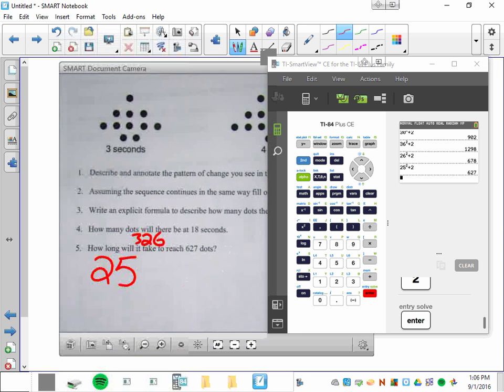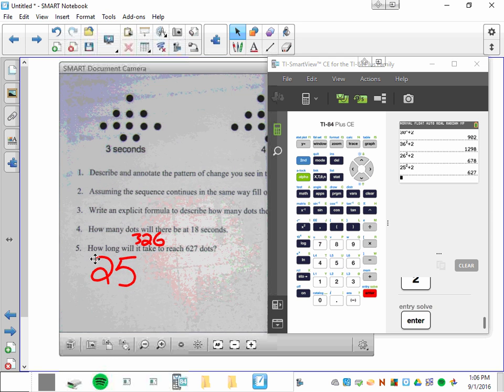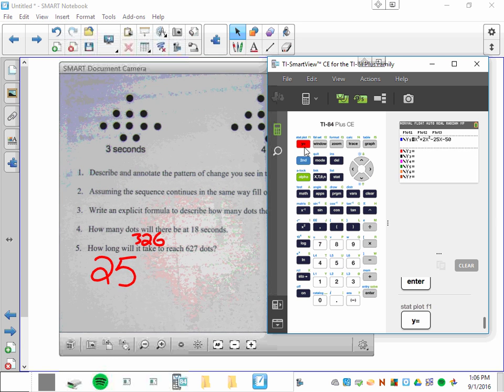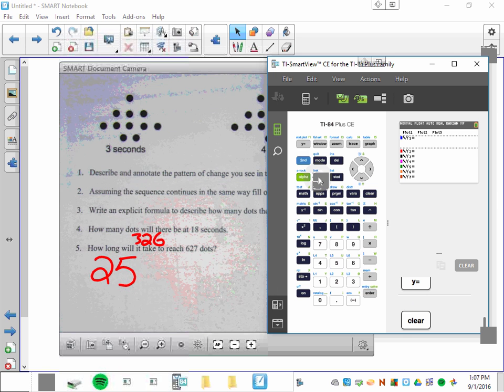But I don't want to do that every time. I don't want to guess. I don't like guessing. So a better way to do it is to go into y equals, into your graph, type in the function, x to the second plus 2, and we could look at the graph and try to figure it out that way, but there's an easier way. Above the graph button, so the graph button is on the very top right, there's a little blue word that says table.